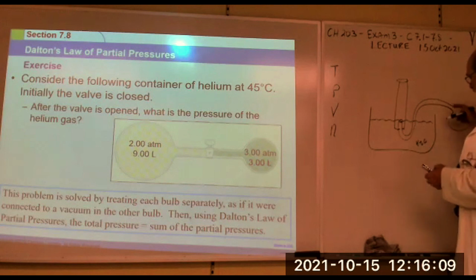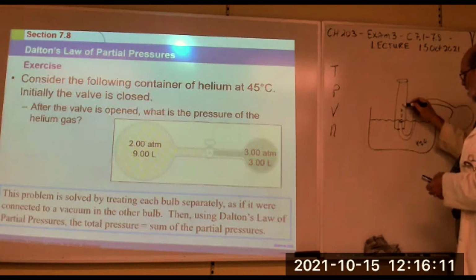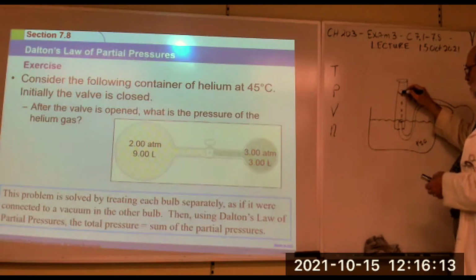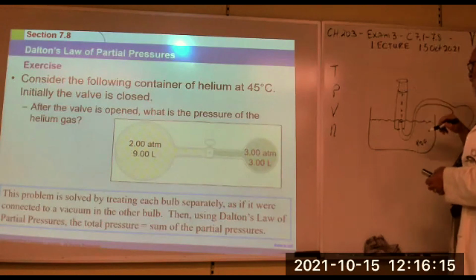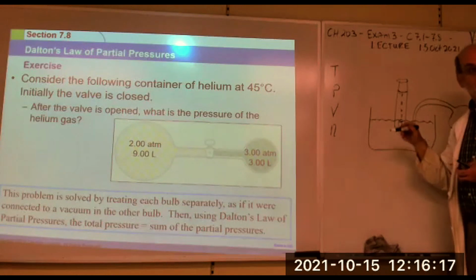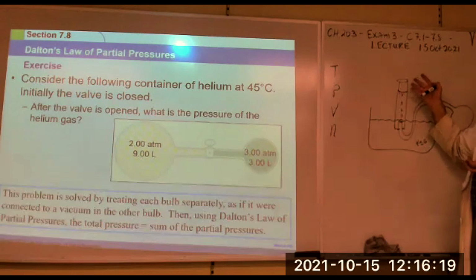And then as the gas is generated, it collects up here. So it'll produce a measurable amount of gas in that space.